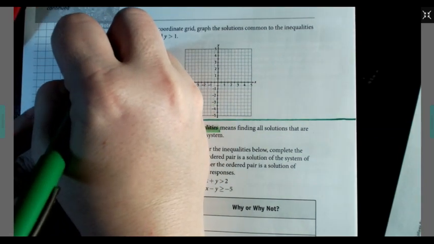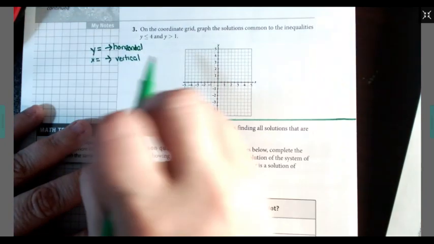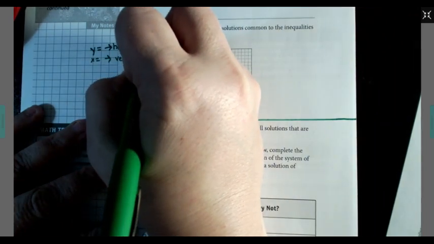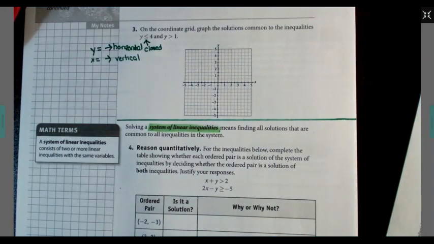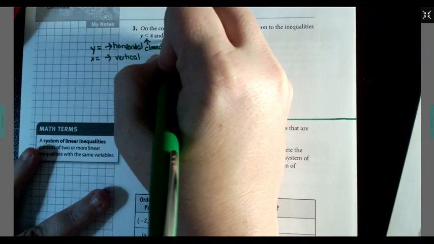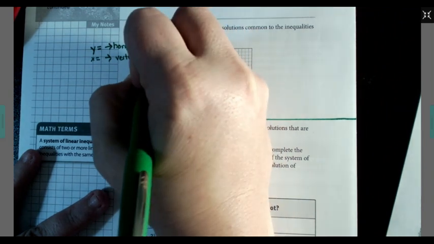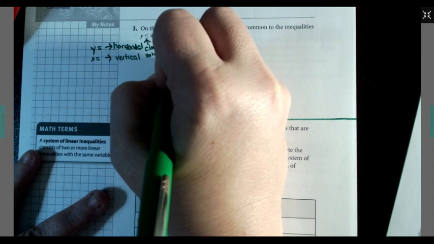X equals is going to be a vertical line. So this one is going to be closed because it has the equal to, while this one, y is greater than 1, is what we call open. So this is going to be a solid line, and this is going to be a dashed or dotted line.